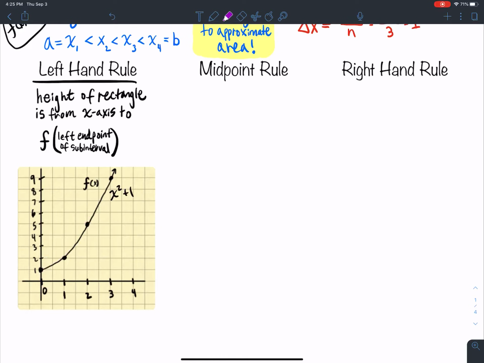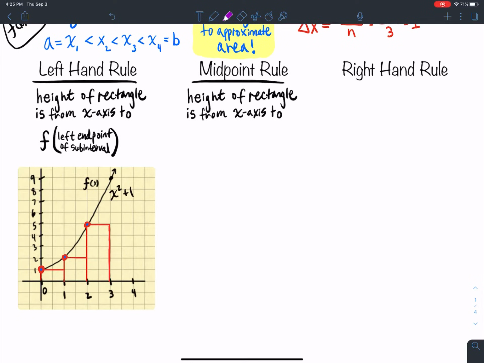The left-handed endpoint would be this endpoint right here, the left-handed endpoint for the next one would be right there, and the left-handed endpoint for the last one would be right there, okay?